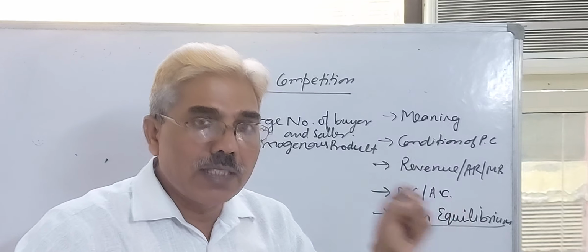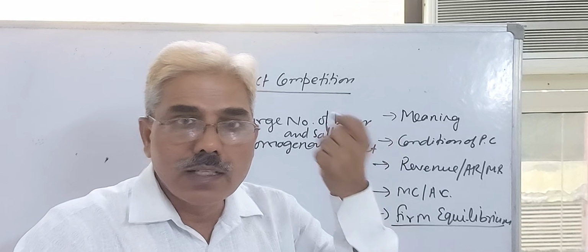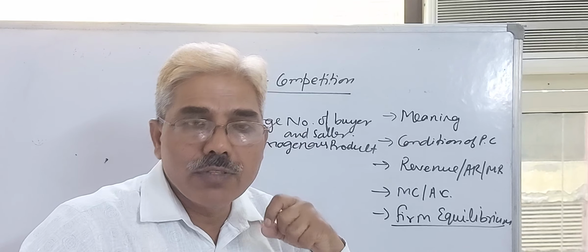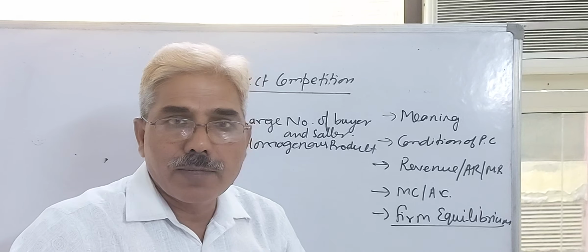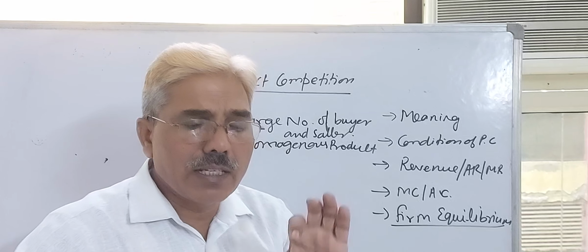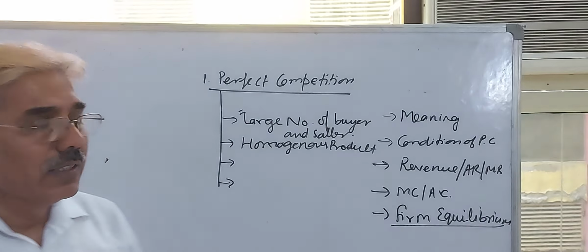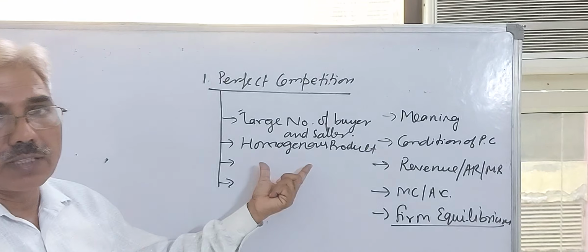You may purchase it in Delhi, Calcutta, Bombay, Srinagar, Kanyakumari. Everywhere you will see the flavor, content, quality, and vapor are similar. There is no minute change. That kind of characteristic is known as a homogeneous product.